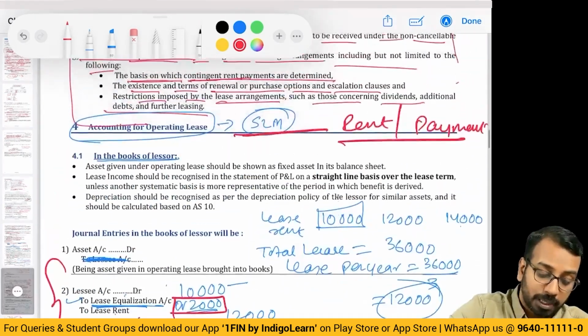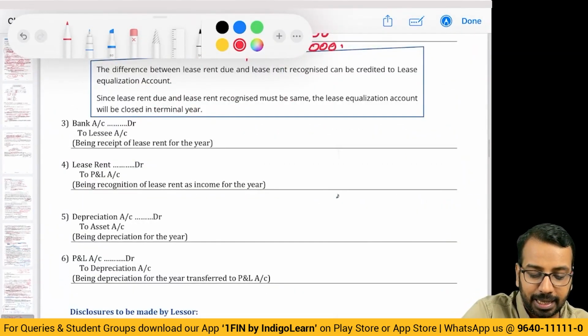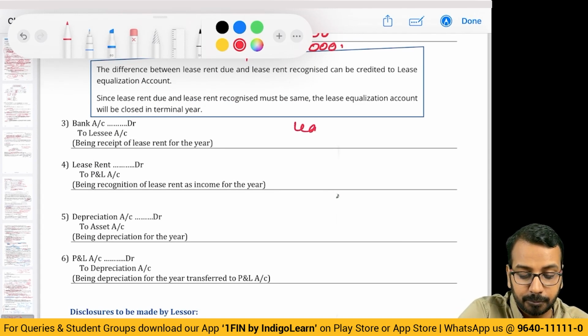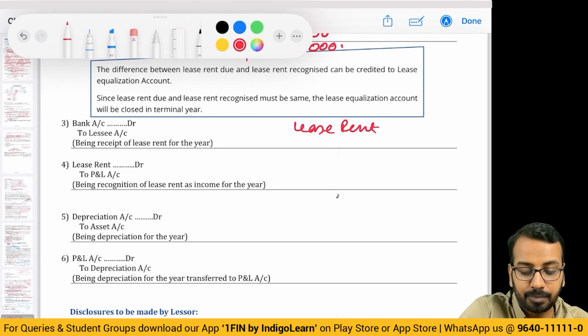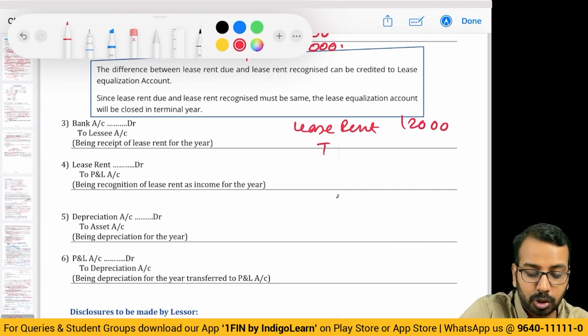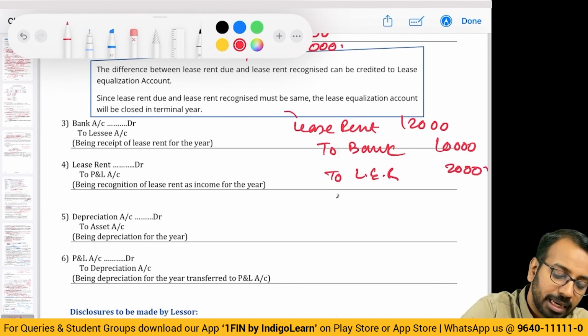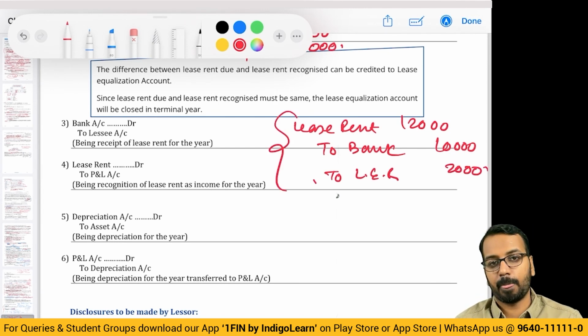If you don't want to pass multiple entries, you can also pass a single entry. Like for example, first year we paid 10,000. So lease rent 12,000 to bank 10,000 to lease equalization reserve 2,000. This single entry can also be passed.